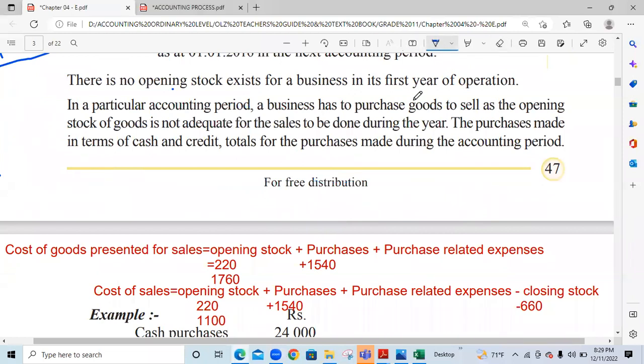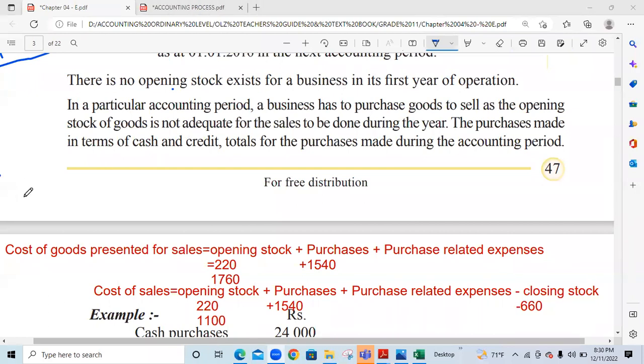But those 20 pens are not enough. You have to make more sales, so we have to purchase, because those 20 pens are not enough for us to sell. That is why we make purchases.